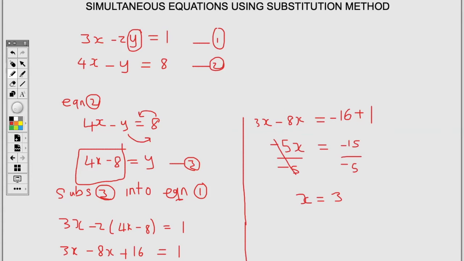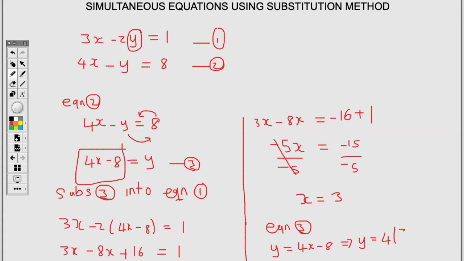Now x is equal to 3, so we are going to substitute in either equation 1, 2, or 3, but I'm going to use equation 3 since I already have y as the subject in equation 3. So replacing the x in the equation y equal 4x minus 8, let me go ahead and replace x to be 3.